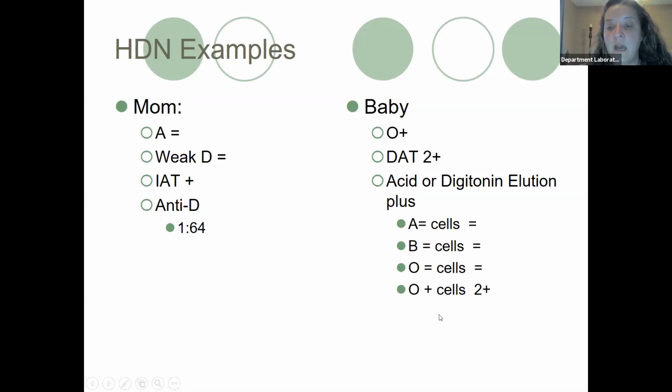And notice that we have a 2+ reaction with our O positive cells. So that lets us know mom's anti-D was eluted off baby cells, causing reactions with our O positive cells. Okay. So interpret this: hemolytic disease of the newborn due to an IgG antibody, which is anti-D.